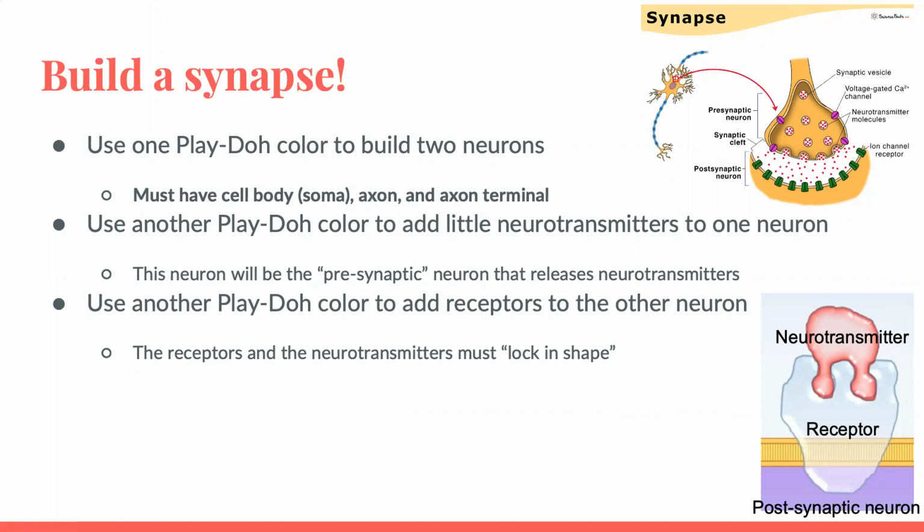But so you want to have a similar structure to what you're seeing in the figures. Obviously not great, but this is kind of how I made it. I have the axon right here, and then I have the postsynaptic neuron over here, and you can see it in this curved shape, and the presynaptic neuron, the axon, is more in this bell shape.